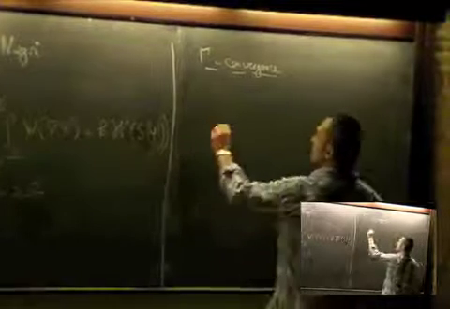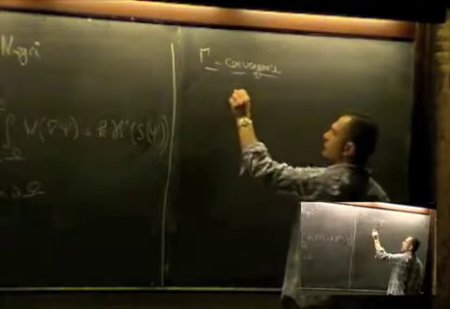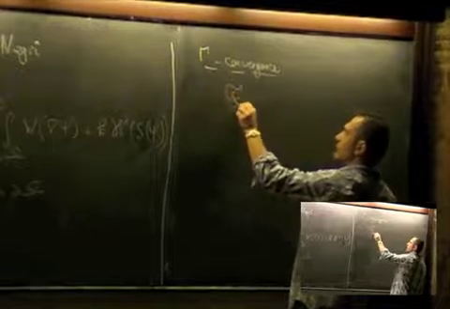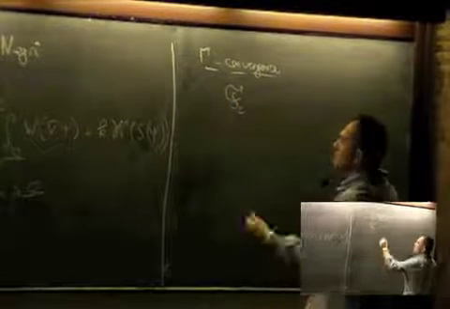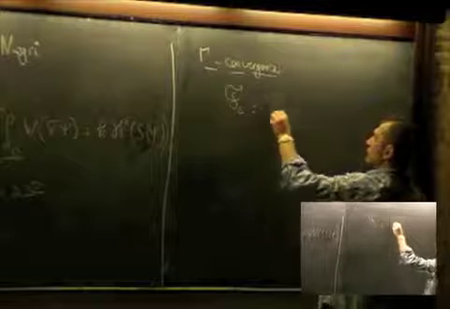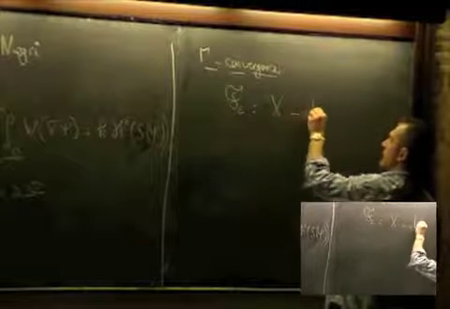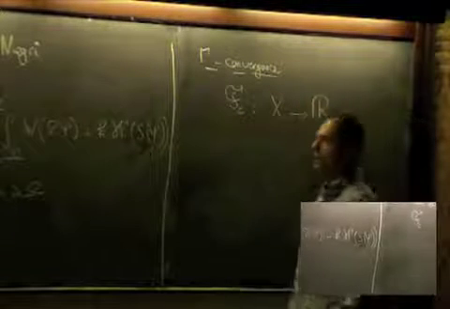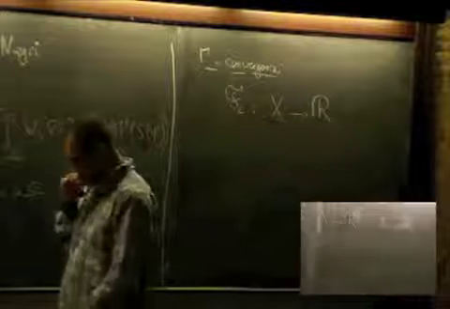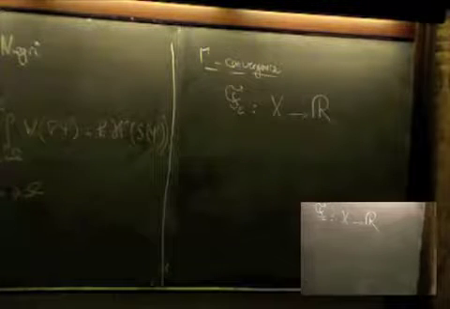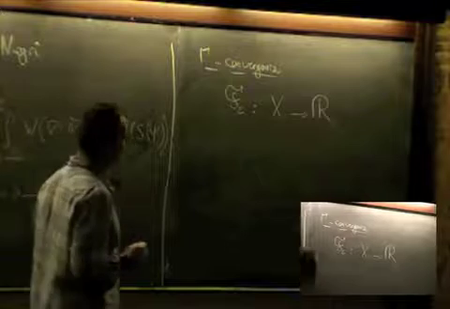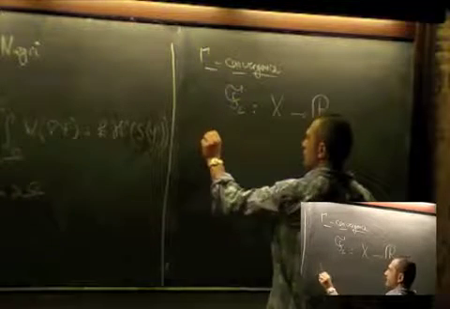Essentially, you have a sequence of functionals f epsilon, which are defined on a Banach space X with values in R, and you want to define its gamma limit.